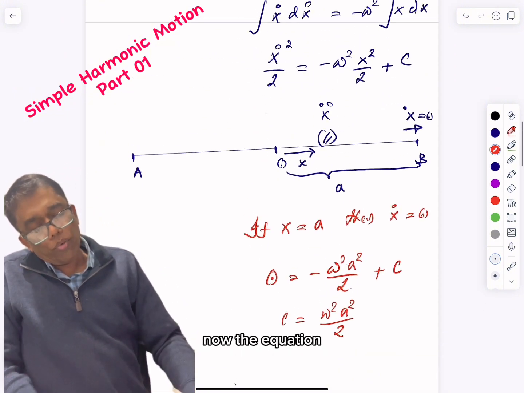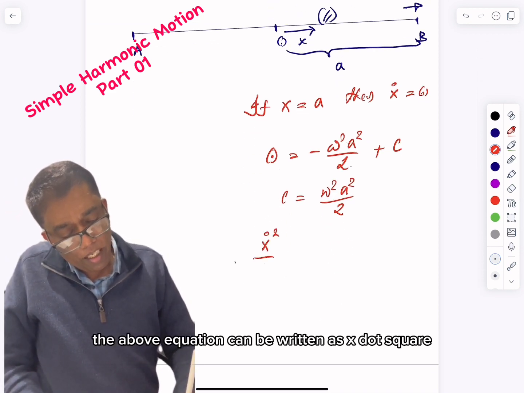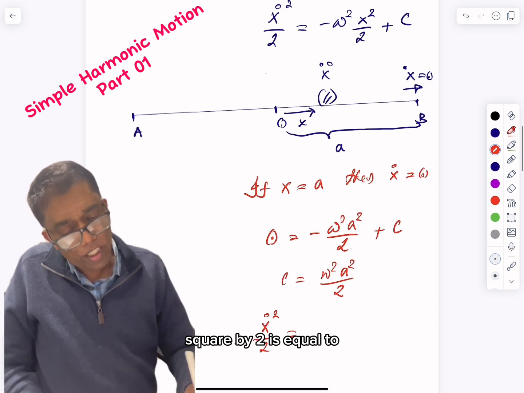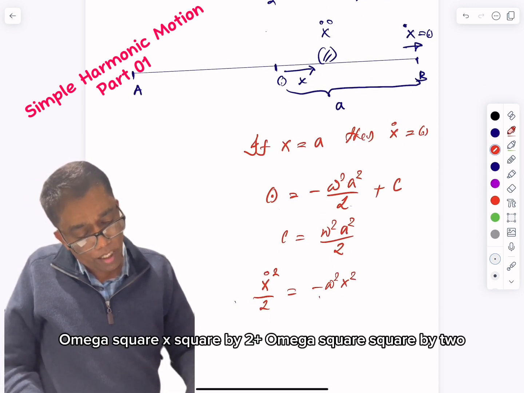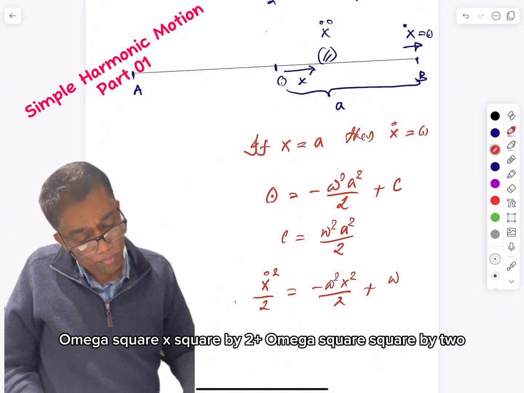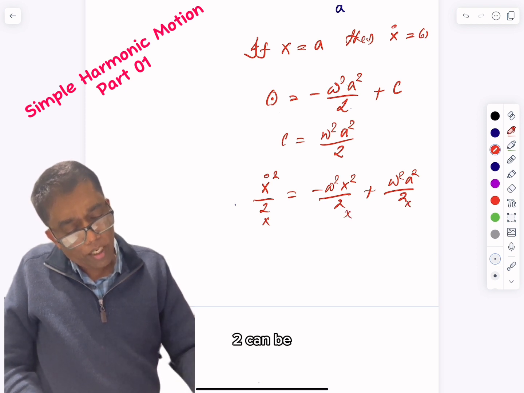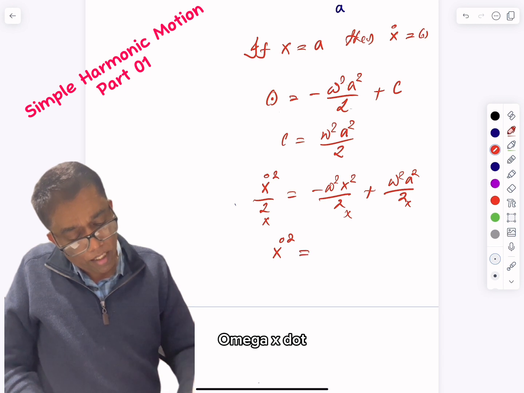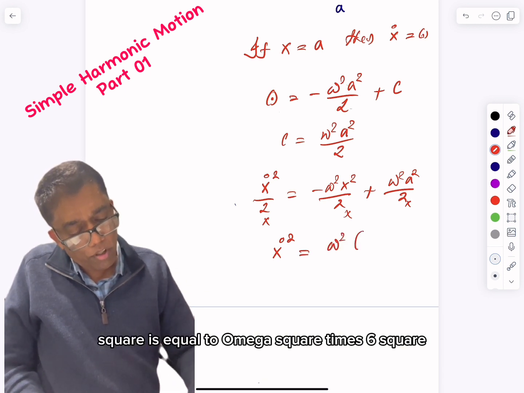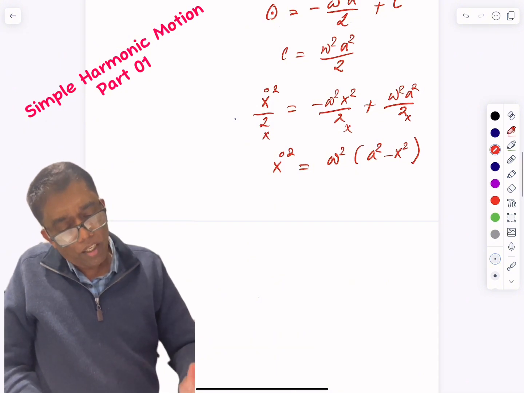Now the above equation can be written as x dot square over 2 is equal to negative omega square x square over 2 plus omega square A square over 2. The 2 can be cancelled, so x dot square is equal to omega square times A square minus x square.